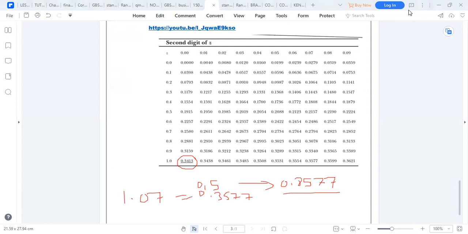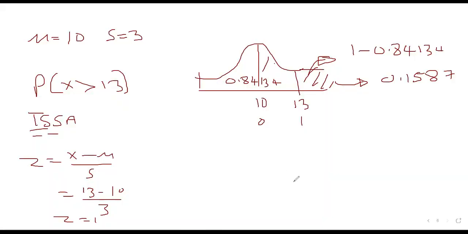That reading simply means that it's only accounting for this part here.